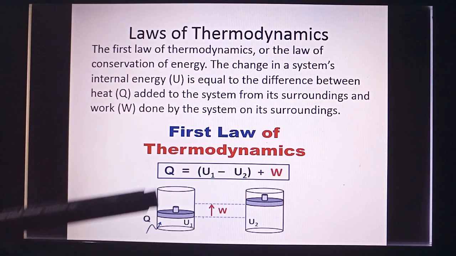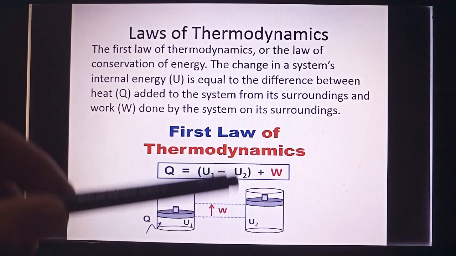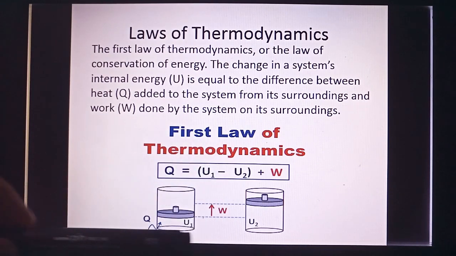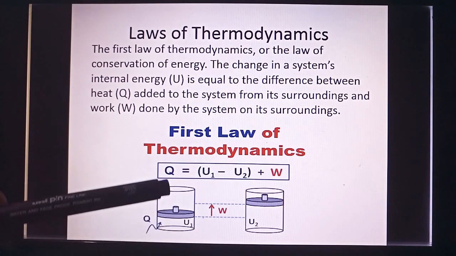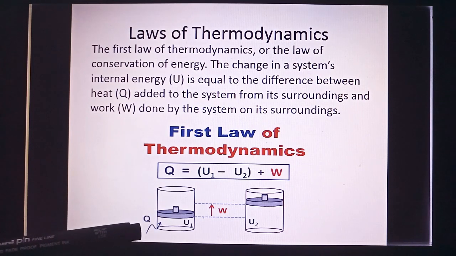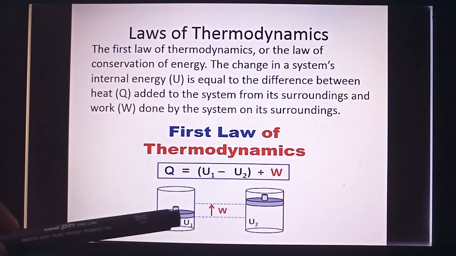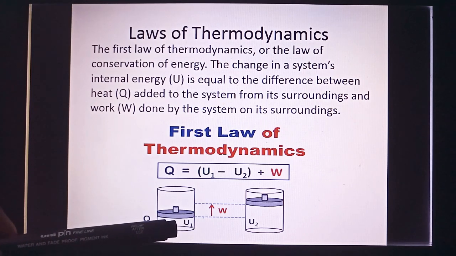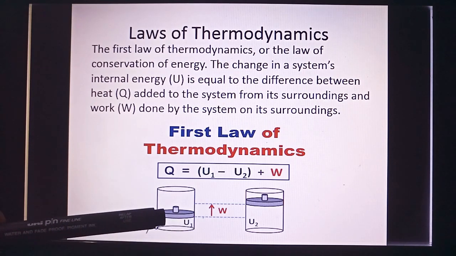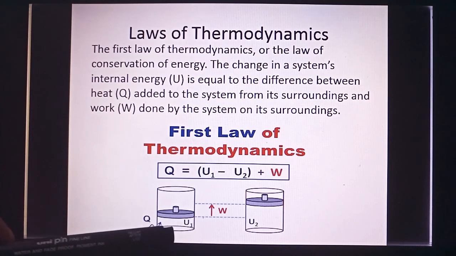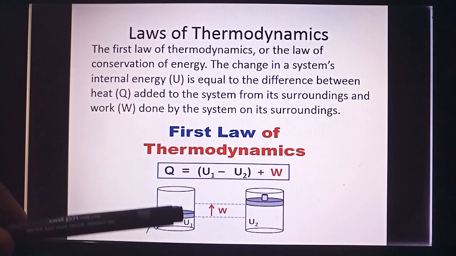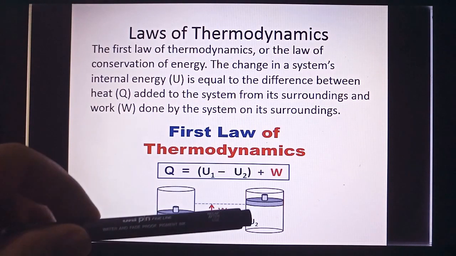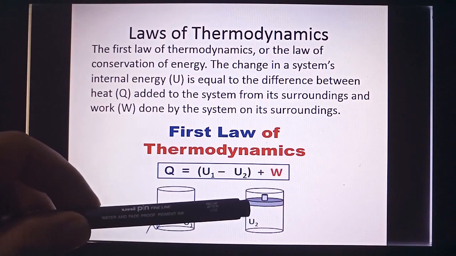Now notice this one, the first law of thermodynamics can be visualized using this example. Let's say this is a piston, and under this piston valve is a gas, which is represented by U sub 1, or the internal energy of the gas. If we apply heat, of course this piston will rise up. Try to look at this one, from this point up to this point.